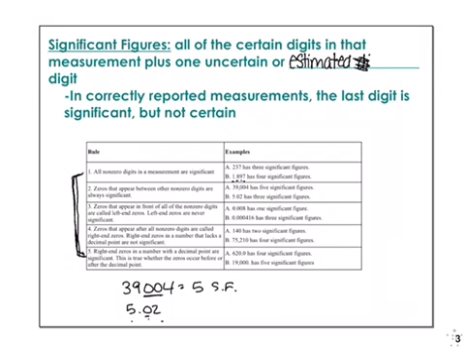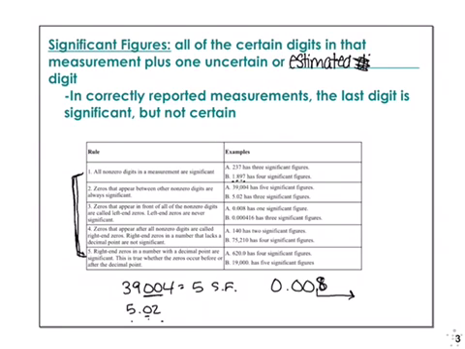Rule number 3 is that zeros that appear in front of all non-zero digits are called left-end zeros. Left-end zeros are never significant. So 0.008, the basic rule here is significant figures don't start until you have a non-zero number. Anything after that non-zero number would be significant.